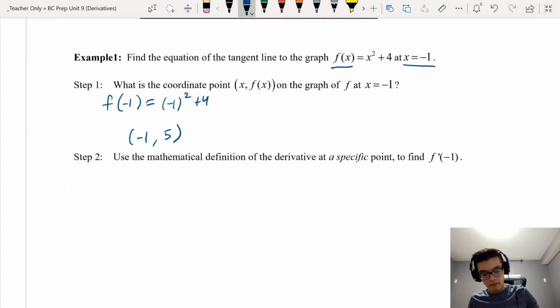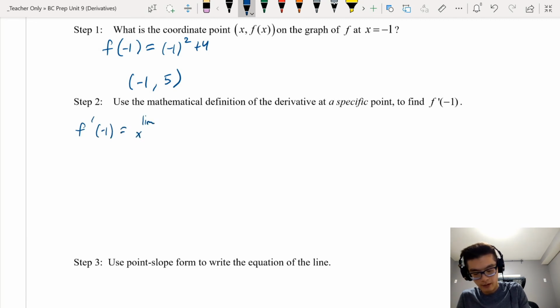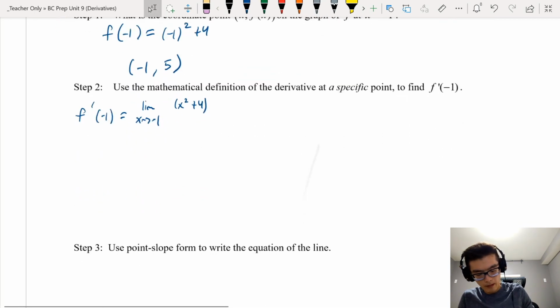Okay. Now, step 2 is use a mathematical definition of the derivative at a specific point. We just did this about a minute ago. f prime of -1 is provided by the limit as x approaches that value, -1, of f of x, which is in this case the x squared plus 4. Let me just double check because I don't want to screw this up right now. Yeah.